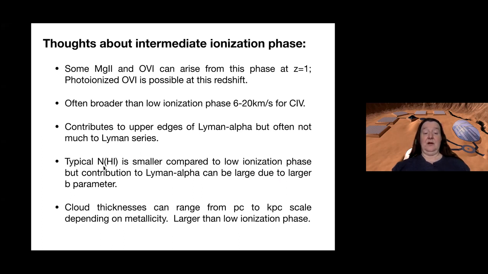The typical neutral column density for these is smaller than the low ionization phase, but their contribution to Lyman alpha can be very important, and even dominant, due to their larger B parameter. And then the cloud thicknesses can cover a large range, but they're typically larger than low ionization phase clouds.